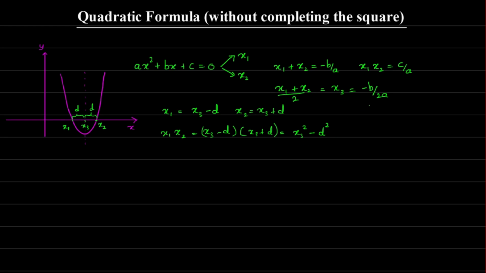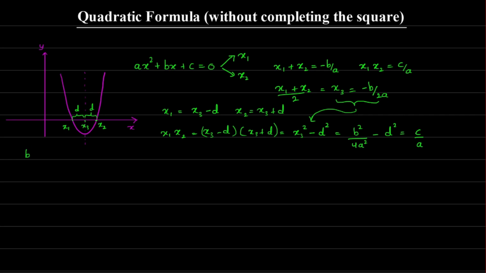By substituting the value of x3 we have over here, we get b squared over 4a squared minus d squared equals x1 x2, which, as we have over here, is equal to c over a. Therefore, we write that here. Now we solve for d, that distance over here.